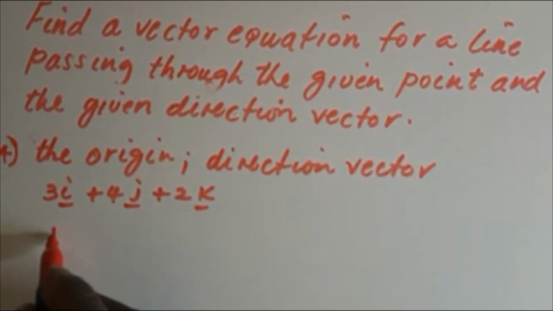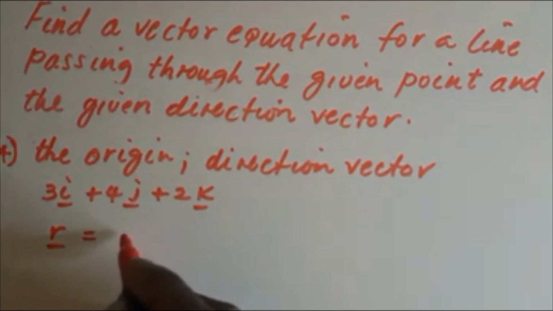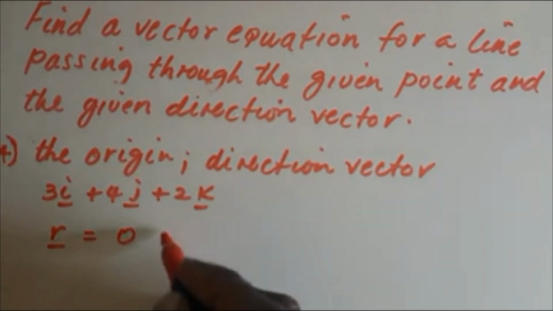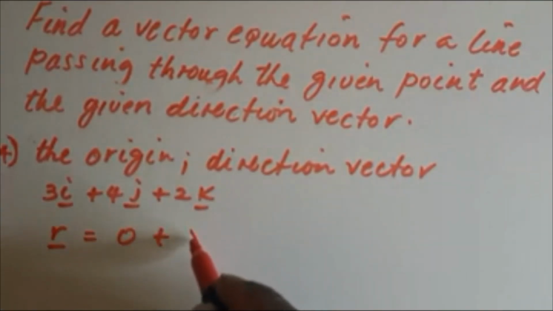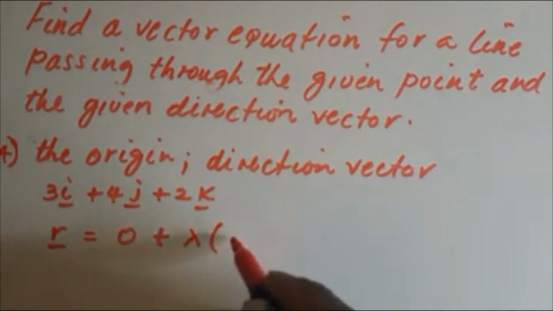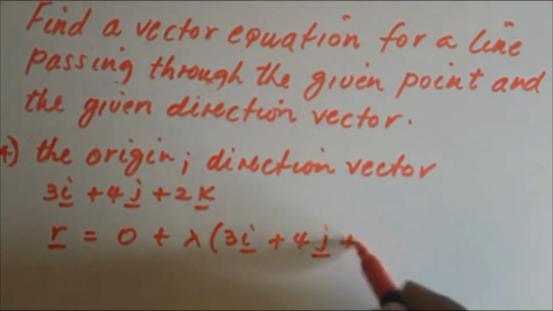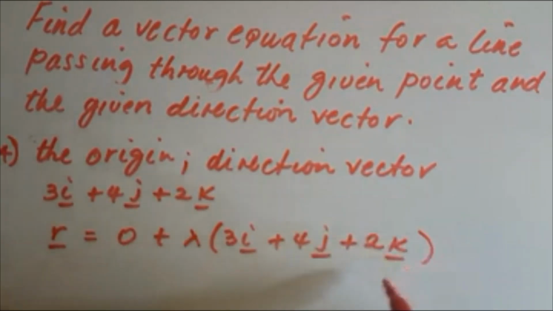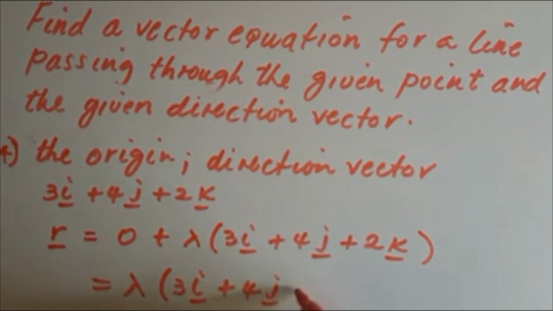Now that gives us our vector equation is equal to, well, we have 0 for our position vector, and we have our direction vector 3i and 4j and 2k, which we can write simply as lambda into 3i add 4j add 2k.